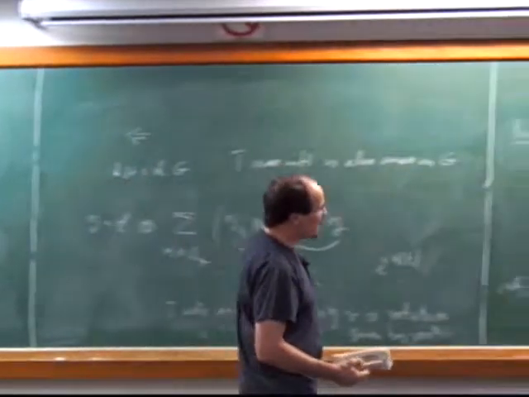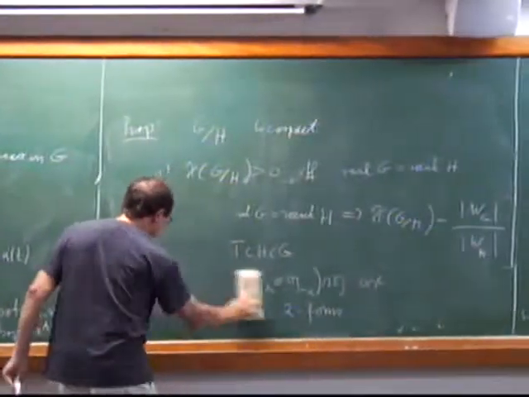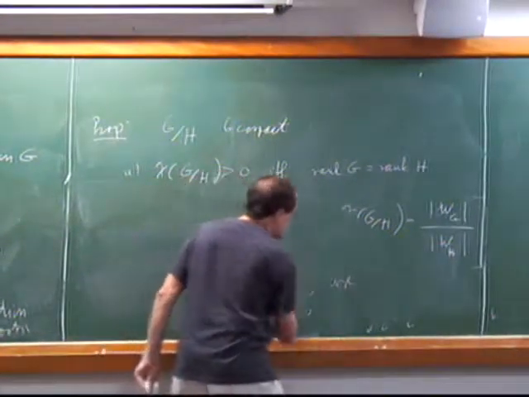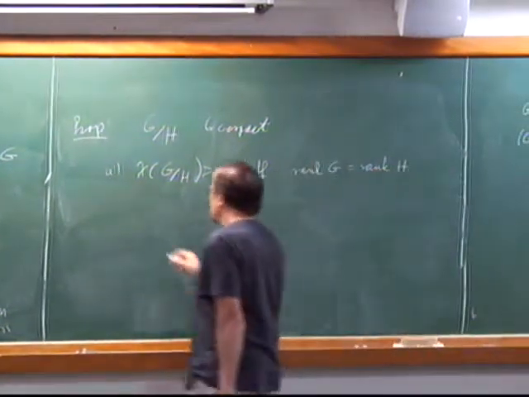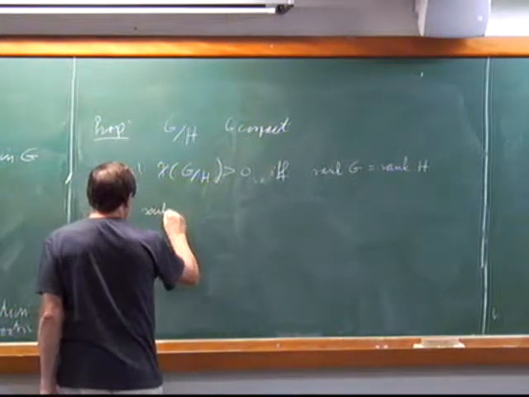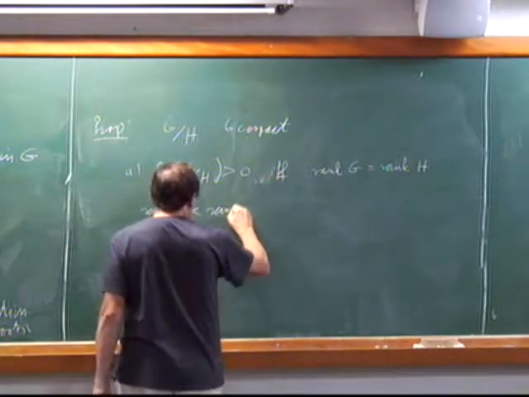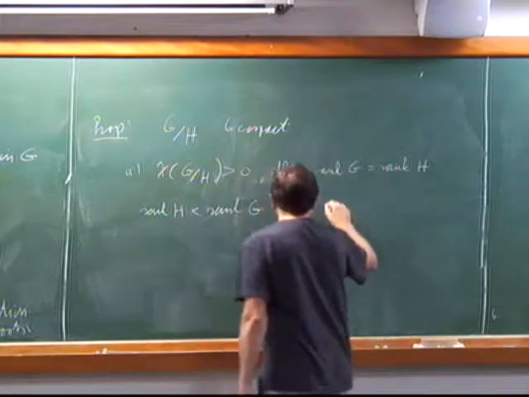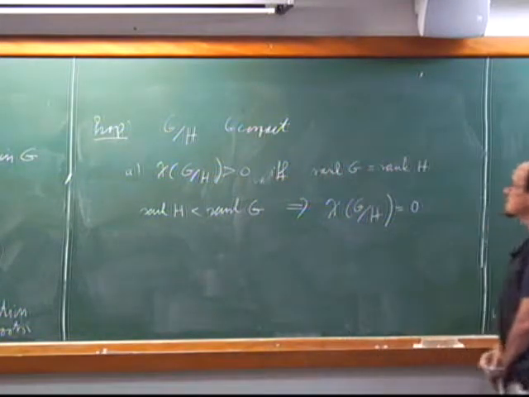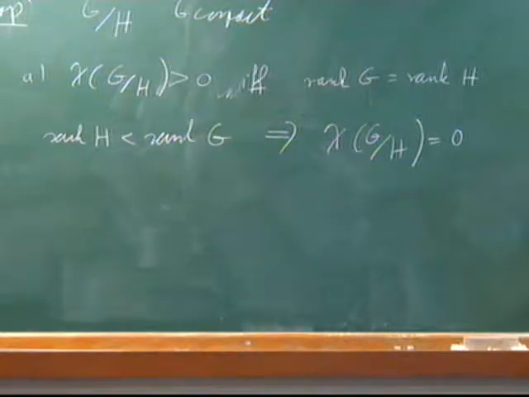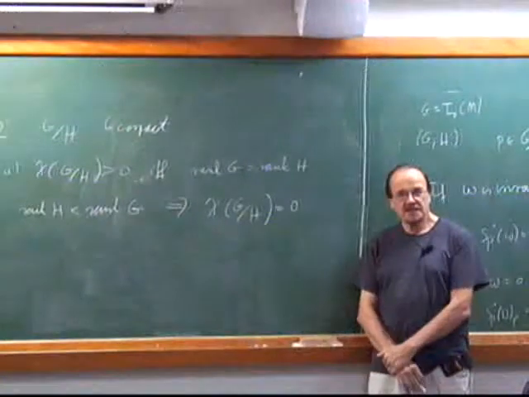Let me indicate the other direction, because that's a fun direction also. So assume that the rank of H is less than the rank of G. I want to show the Euler characteristic of G mod H is zero. This would be the other direction. To do this, I use another theorem that relates Euler characteristic to vector fields.